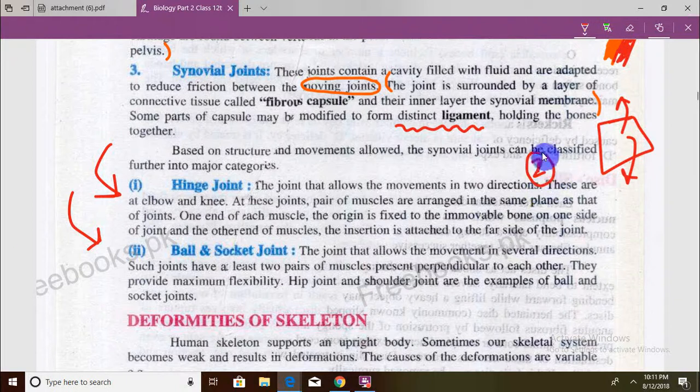We need at least one pair of muscles at the hinge joint, and these are parallel to each other and parallel to the joint, so they're basically in the same plane. One end of each muscle is fixed to the immovable bone on one side of the joint, and the other end of the muscle, that is the insertion, is attached to the far side of the joint.